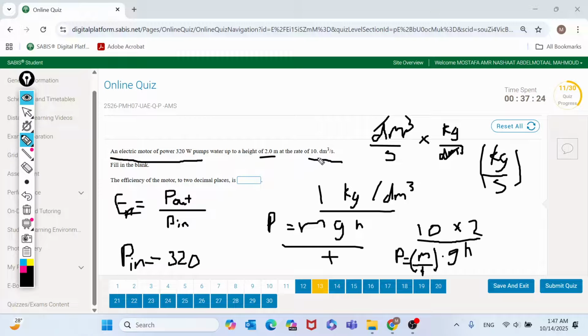We said we multiply the decimeters cubed per second, so 10 times 1. So mass over time is 10. Damn, this question is messy. Oh my god. So 10 times 20, that's gonna equal 200.